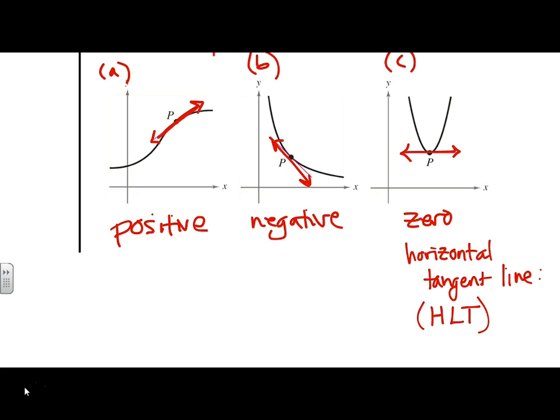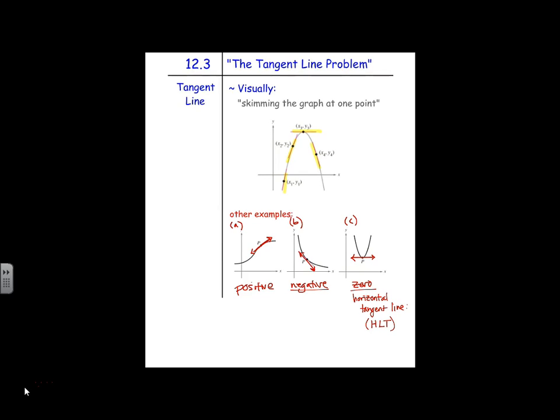Now I know we called HLT the horizontal line test, which has to do with whether or not a function is invertible. But in calculus, we would say HLTs are horizontal tangent lines. They're important because with motion, horizontal tangent lines show us when an object is stopped versus when it's moving. If the slope is 0, the rate is 0, the thingamabob is stopped.